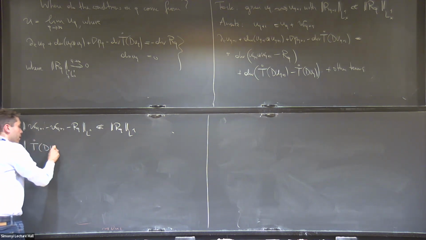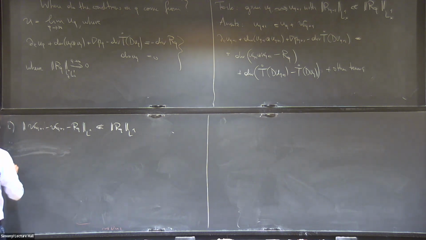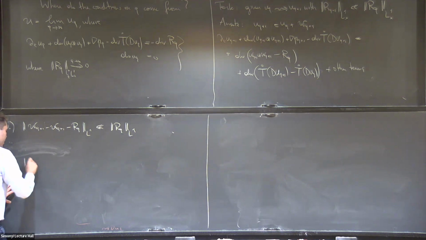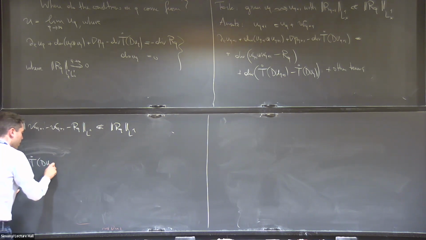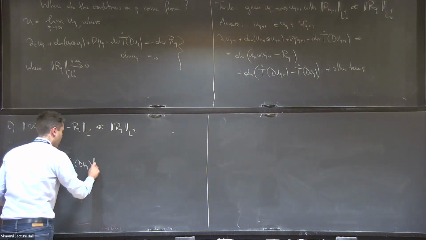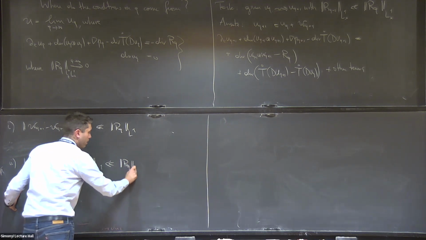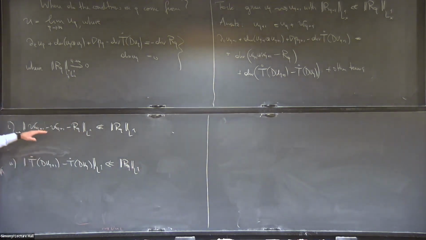So this T dot of DU_{q+1} minus T dot of DU_q in L1 is again much smaller than the previous error.